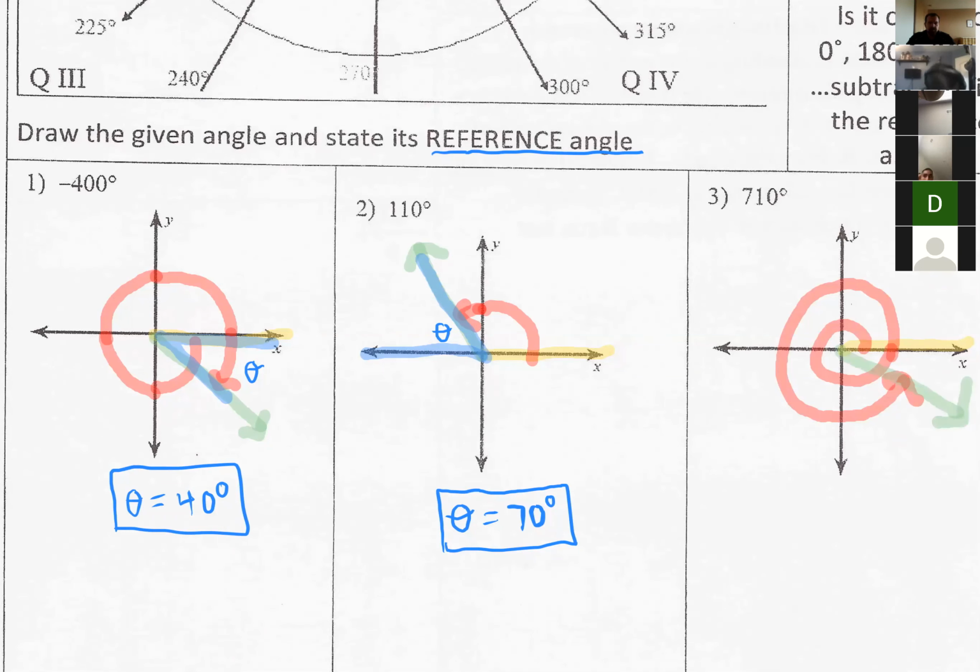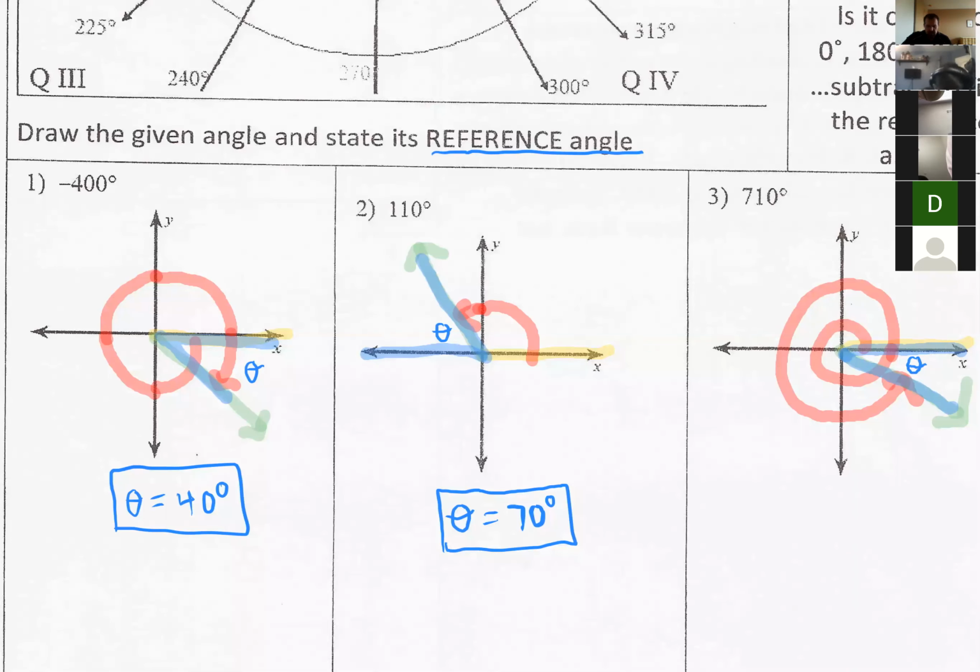We did that one earlier. And then you draw your terminal side. And now to identify your reference angle, it always uses the x-axis. So in this, it's the positive x-axis. So half the battle is knowing where theta is. So theta here is going to be right in between the positive x-axis and the terminal side.